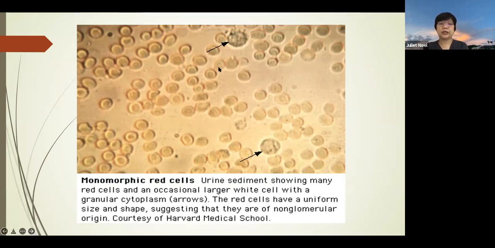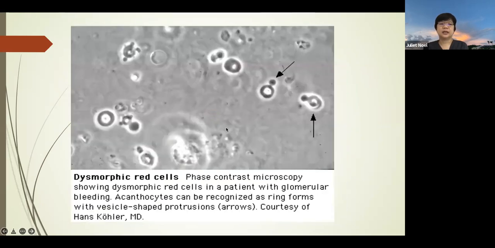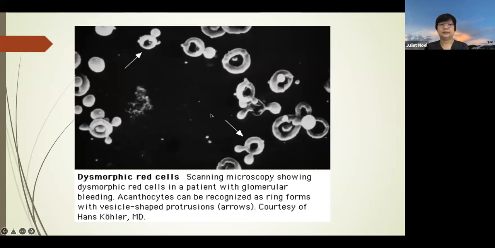In comparison, these are the WBC. With phase contrast microscopy, you would see dysmorphic cells, deformed cells. Those are acanthocytes.